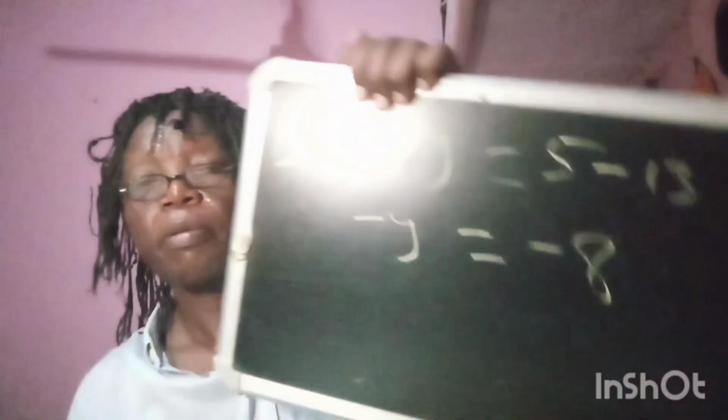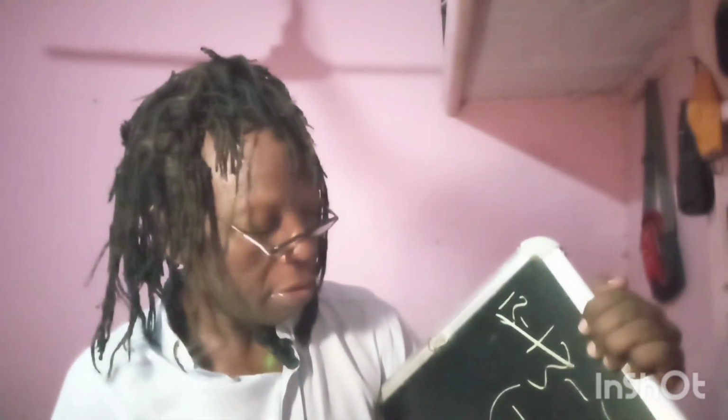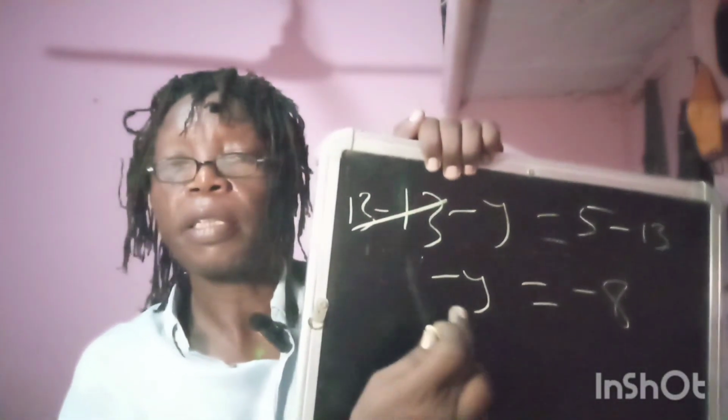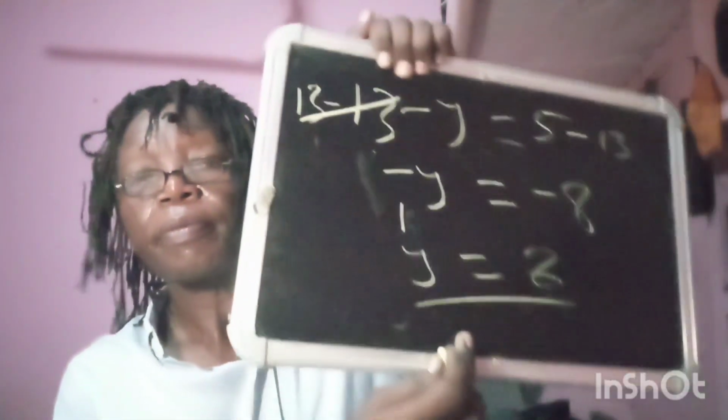Basically it's the same thing, because this will cancel and give you minus y is equal to minus 8. And you don't need the minus, so you change it to the opposite. So this positive y will be 8. So that's how algebra goes.